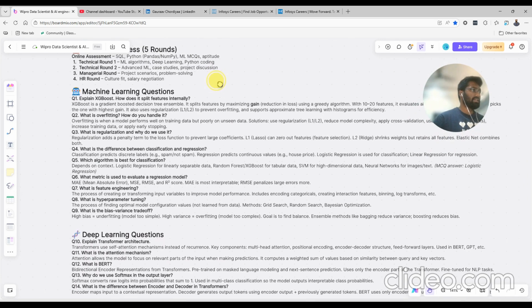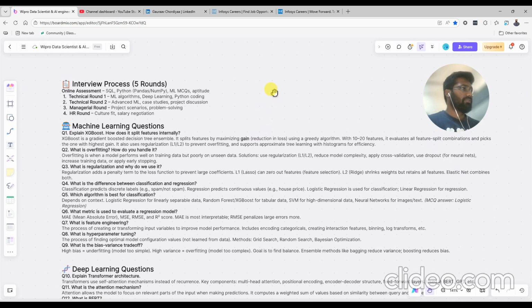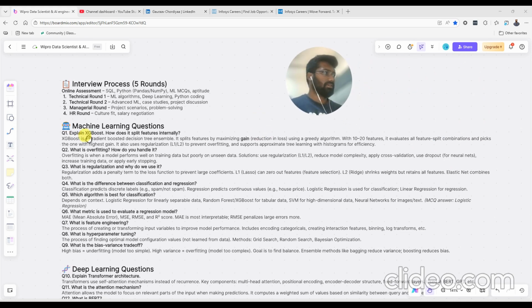So let's get started. Machine learning questions. Explain XGBoost and how does it split features internally. So this is the question. XGBoost is a gradient boosted decision tree ensemble.